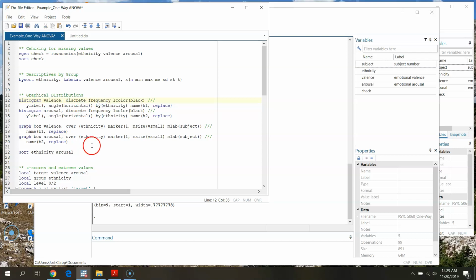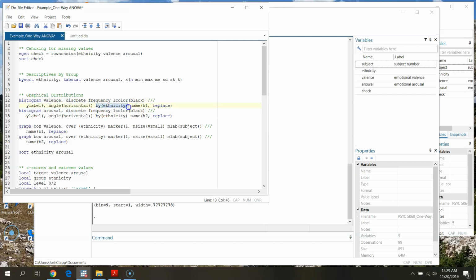On the y-axis, we're going to ask to make the y-axis in terms of frequency. Here we're just asking for the line color, this is just for the bars to be black, giving it a Y label making that horizontal.